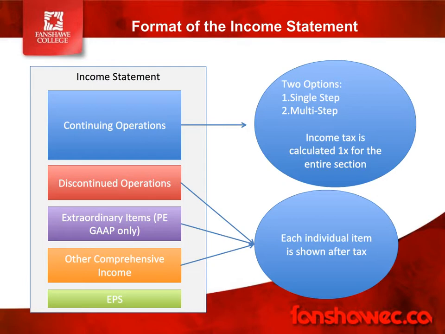You calculate EPS based on the results all the way up here of continuing ops, so whatever the net income is for this section, you calculate EPS, and then you come all the way down here, and after we subtotal up continuing ops, discontinued ops, and extraordinary items, you're going to calculate a second EPS number based on that subtotal as well.